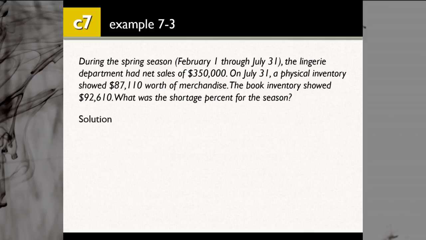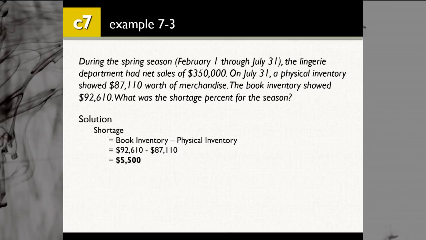Your dollar amount of the shortage is your book inventory minus physical inventory: 92,610 minus 87,110, and you get 5,500 as your shortage.